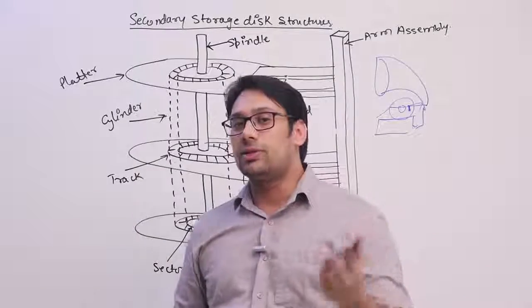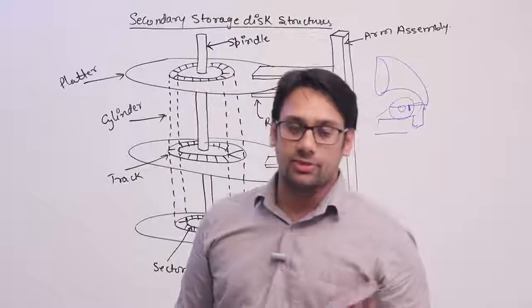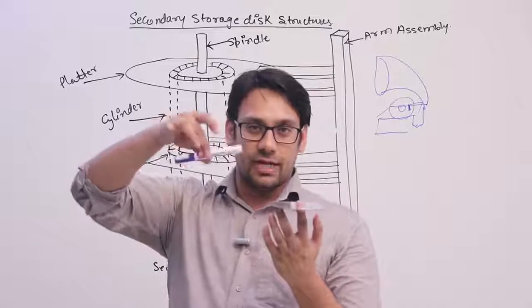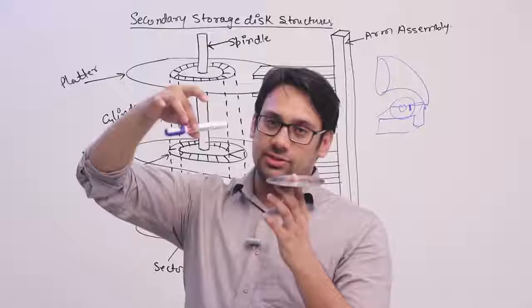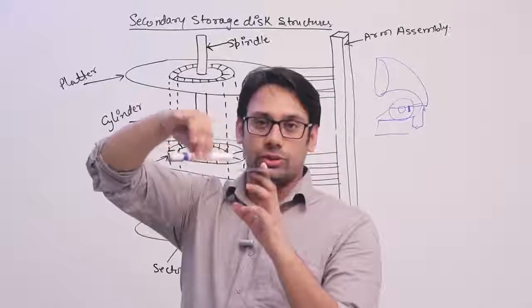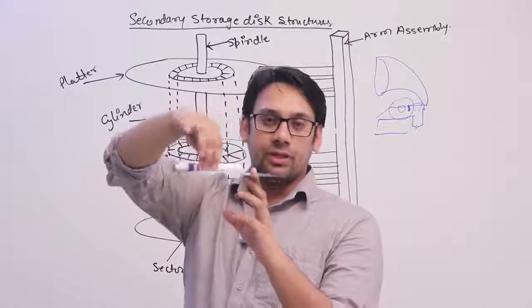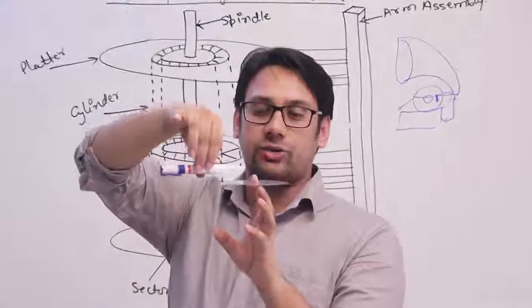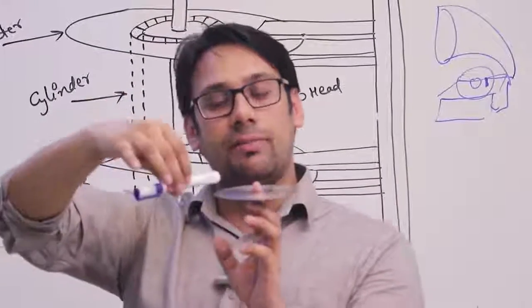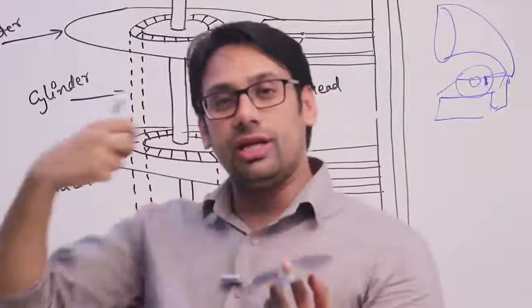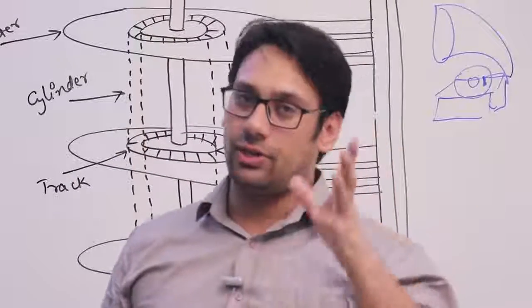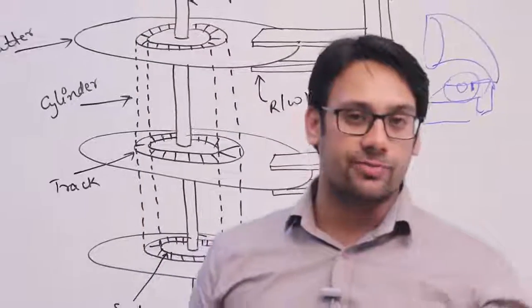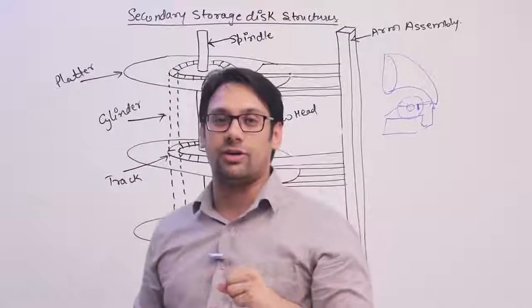And a part of this is something called disk scheduling algorithms. Disk scheduling algorithm means, if this is the platter and this is your read write head, how you are going to create the movement of this read write head so that you can minimize the number of movements and read the data faster. Just like we have seen process scheduling algorithms, according to different kinds of process scheduling algorithms we were getting different features.